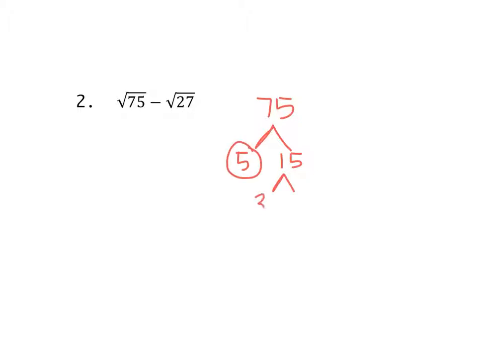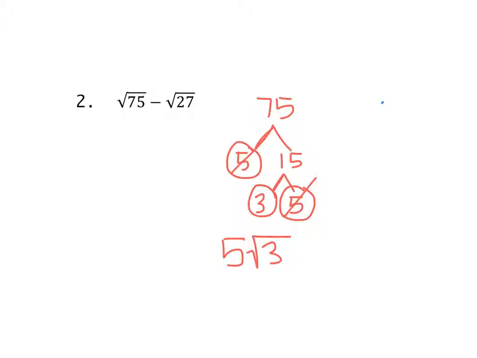So 15 is 3 and 5. 3 is a prime, 5 is a prime. Do we have any pairs? Yes, we have 1 pair of 5s. So 5 goes on the outside. Cross out the entire pair, and what do we have left over? 3.